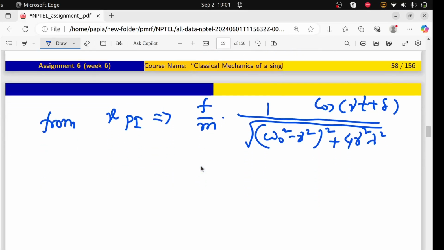So at resonance, resonance means the amplitude is maximum.